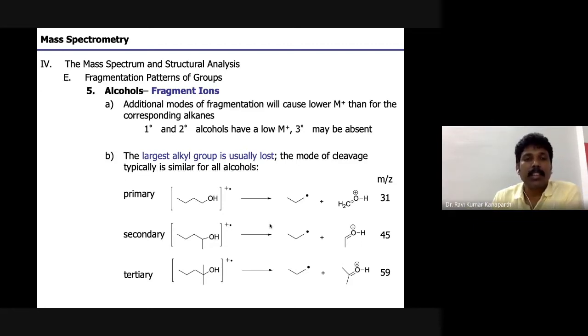The next category of molecules is alcohols. For alcohols, there are a couple of points one should thoroughly understand and remember. The additional mode of fragmentation will cause a lower molecular ion than for the corresponding alkanes. You can just compare an alkane and its homologous alcohol.